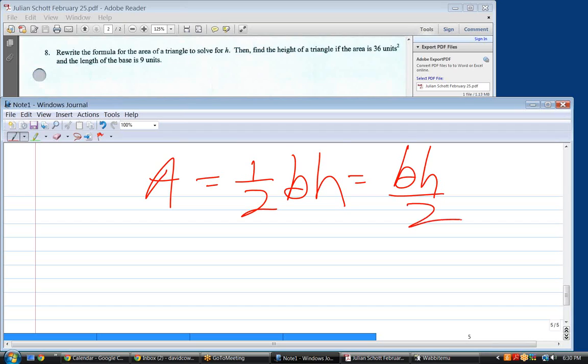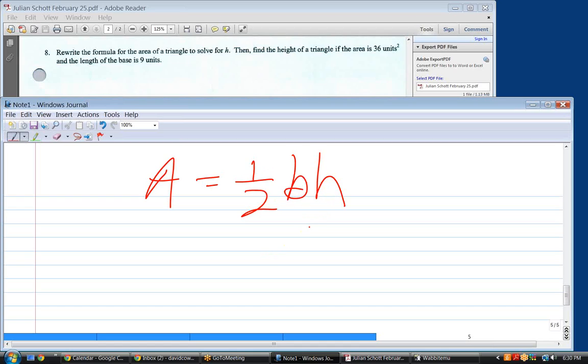Those are the same thing. There's nothing wrong with either one. I just am more comfortable with it. Conceptually, it seems like this clarifies it a little bit better.